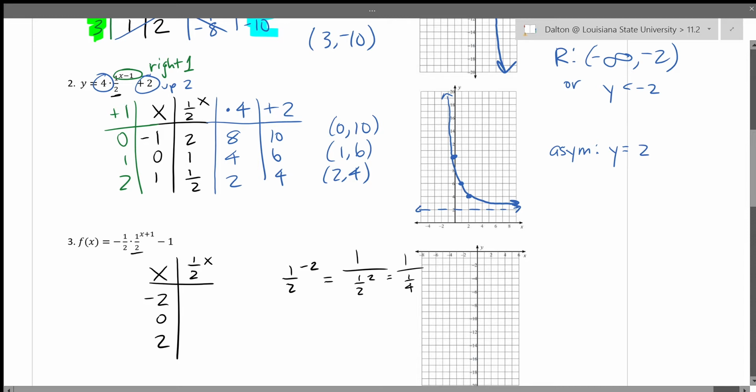And then 1 over 1/4 is just 4. So 1/2 to the -2nd power is 4. 1/2 to the 0 power is 1. And 1/2 squared is 1/2 times 1/2, which is 1/4. So again, you have that reciprocal pattern between one of them being an integer and the other one being fractional.